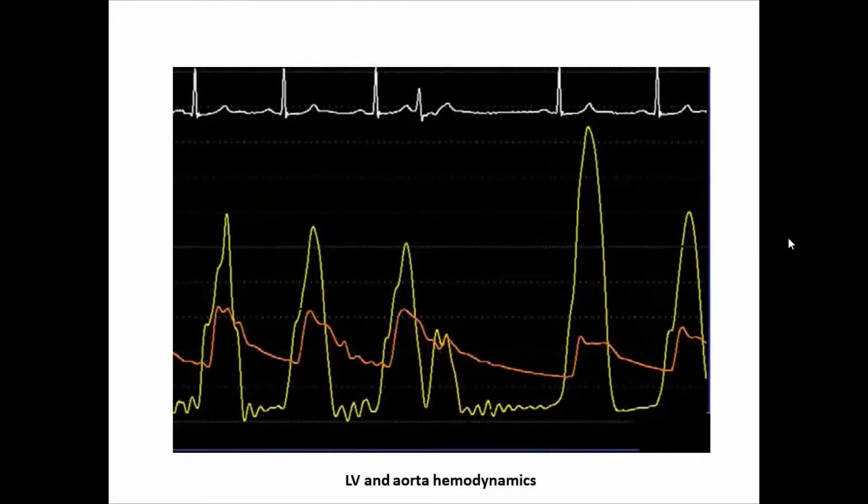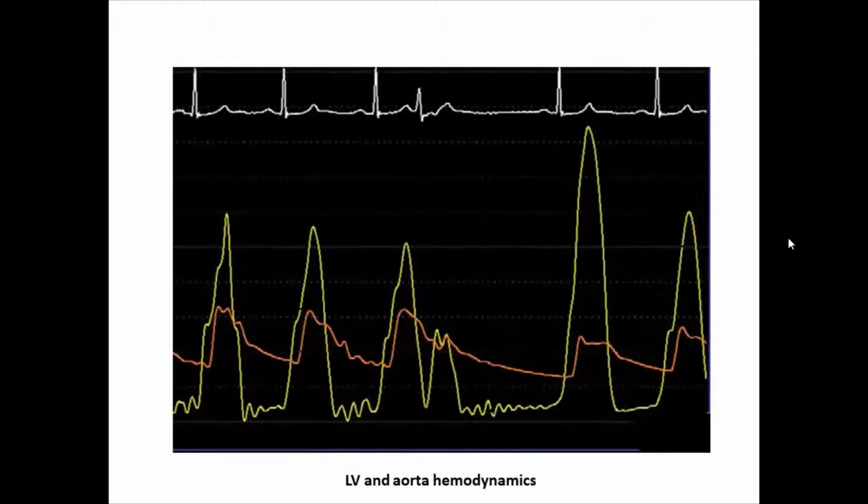The red one, the tracing of the LV and the simultaneous hemodynamic tracing of LV and aorta with ECG tracing showing normal sinus rhythm. Any other thing in the ECG? Yes, there is premature ventricular contraction, PVC. Okay, good. Describe what you see, which one is the LV and which one is the aorta?